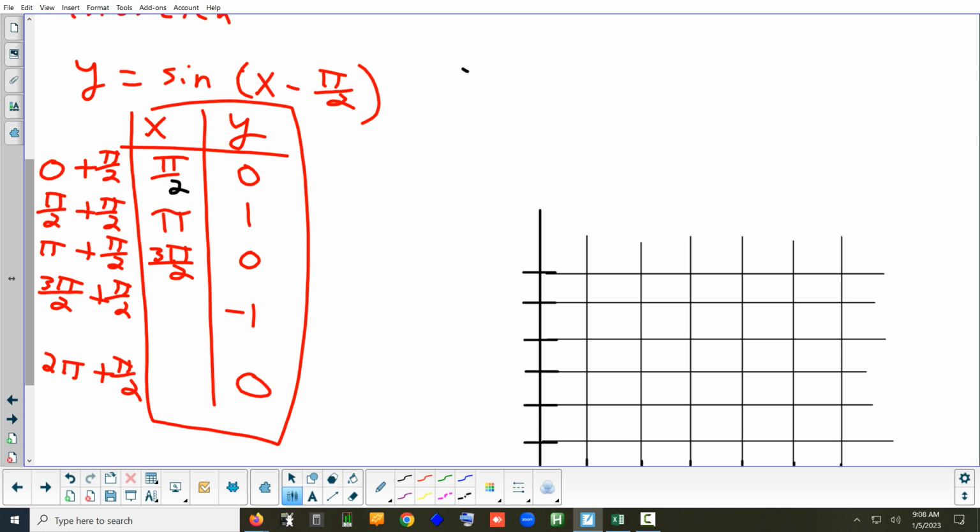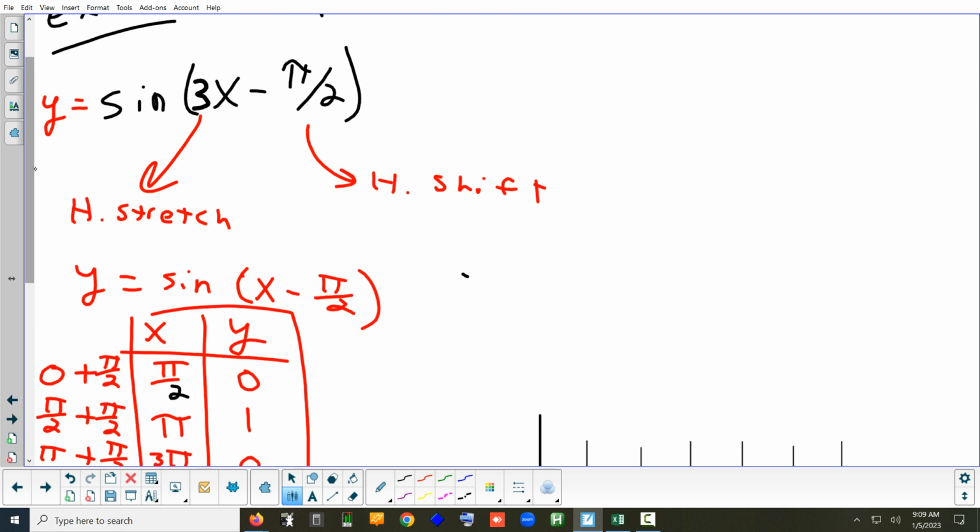No. Well, it's 3 pi over 2 plus 1 pi over 2. So 2 pi. 2 pi, yep. It'll be 4 pi over 2, which reduces to 2 pi. And Eli, my last one, 2 pi plus pi over 2. That'd be 5 pi over 2. 5 pi over 2. Yep. Okay, so there's the horizontal shift. Okay, that's done.